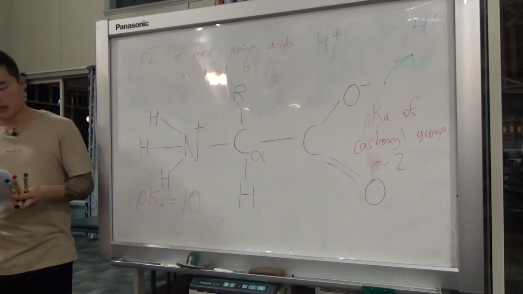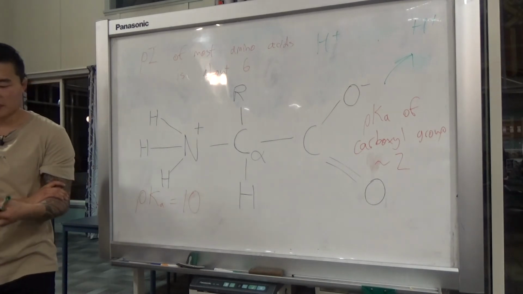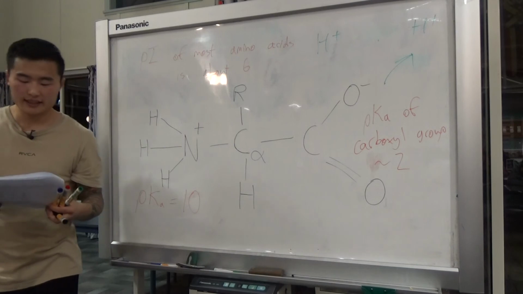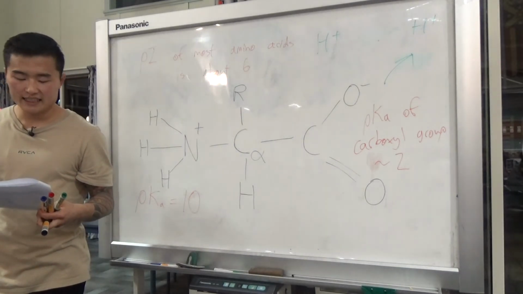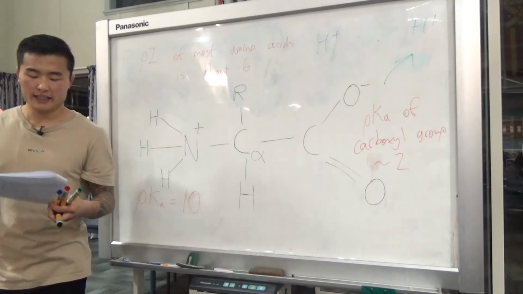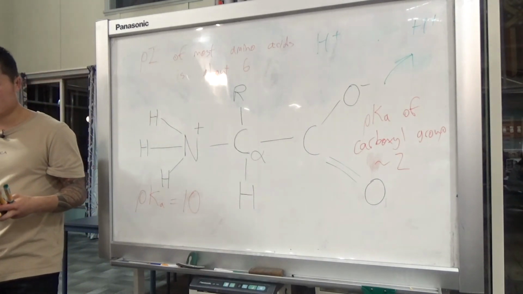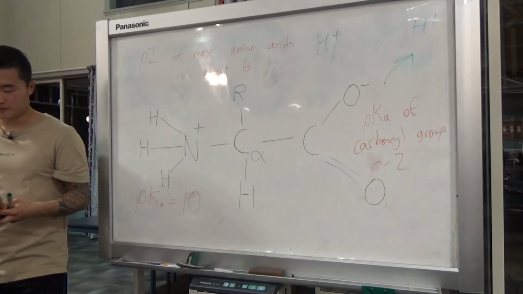And so if you have an amino acid without an ionizable side chain, and the pH is lower than the isoelectric point, then the carboxyl group is more likely to be reprotonated, and so then most of the amino acids will be positively charged if it doesn't have an ionizable side chain. Okay.